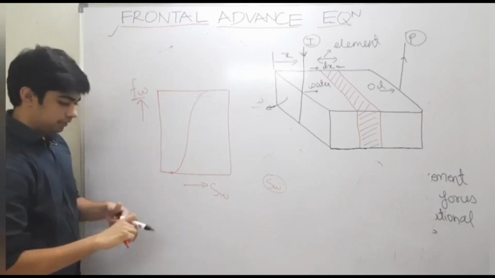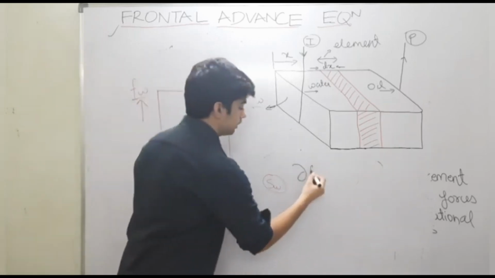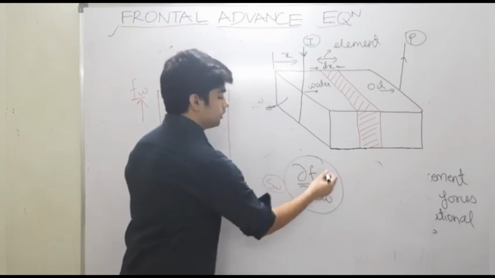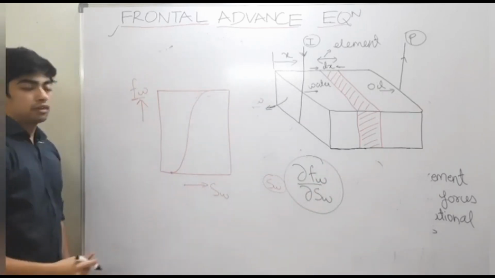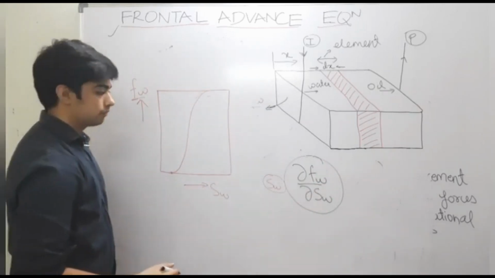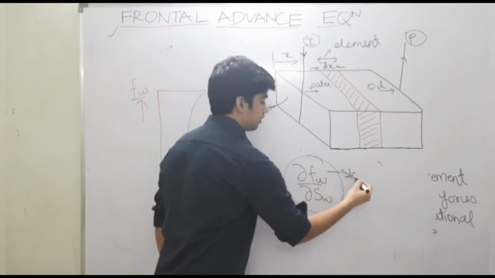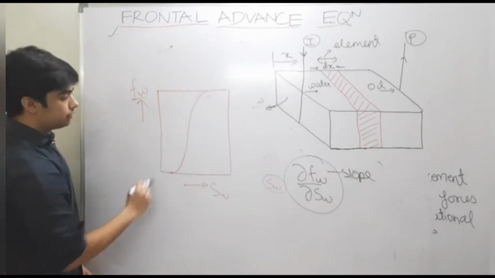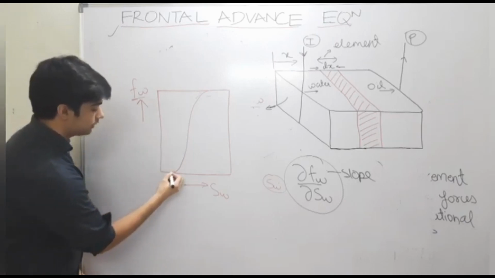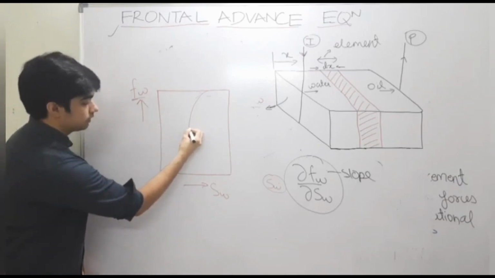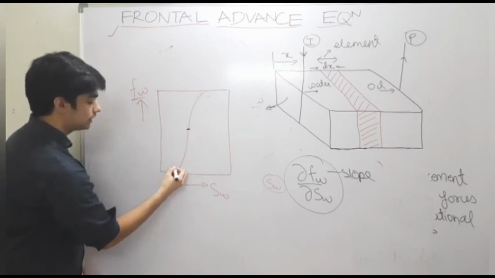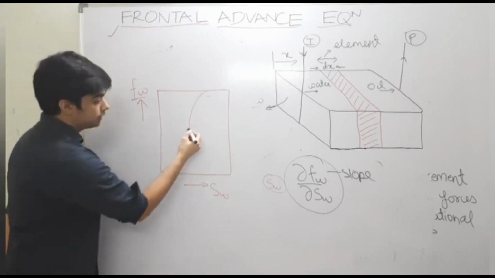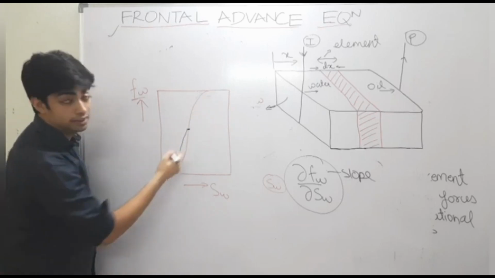So let us talk about the derivative dFW by dSW, which is one of the variables given in the equation. If we talk about the derivative of this curve, we can see that till this point the rate of increase is also increasing, but beyond this point the rate of increase is decreasing.